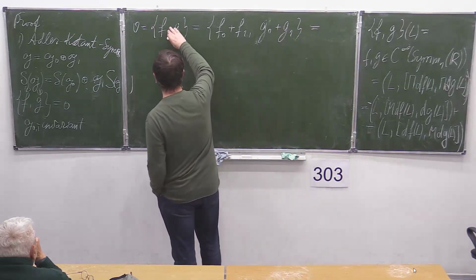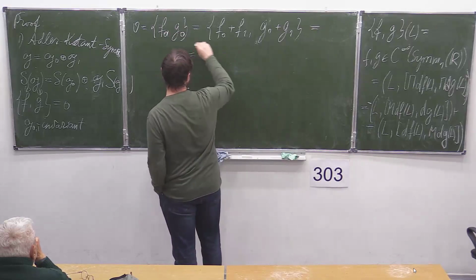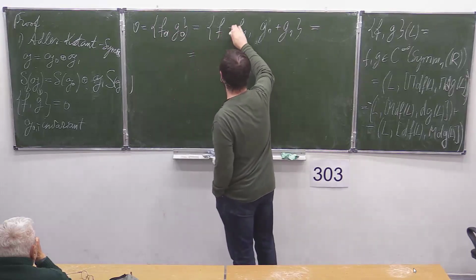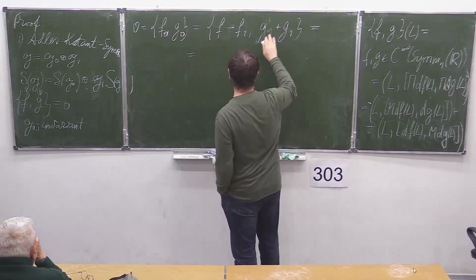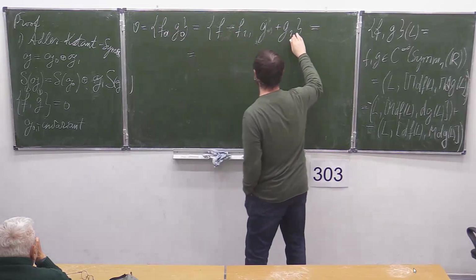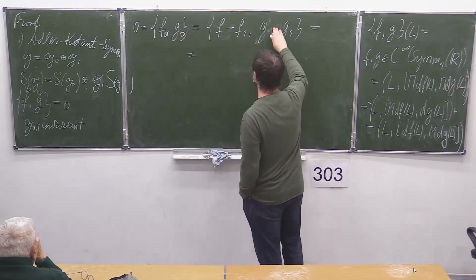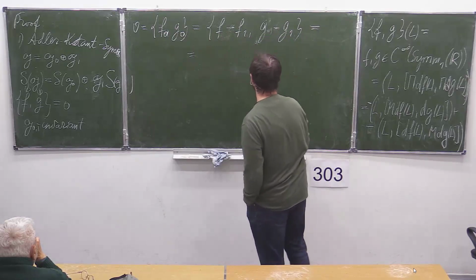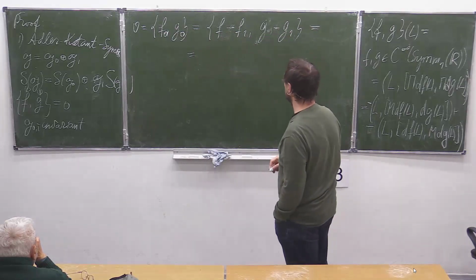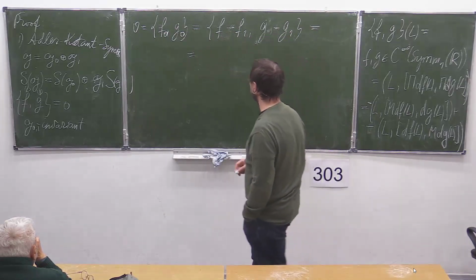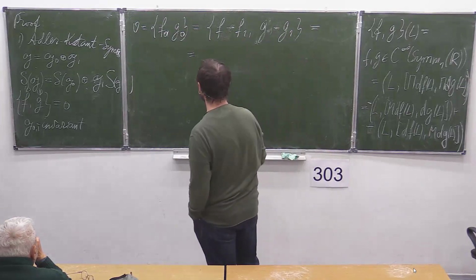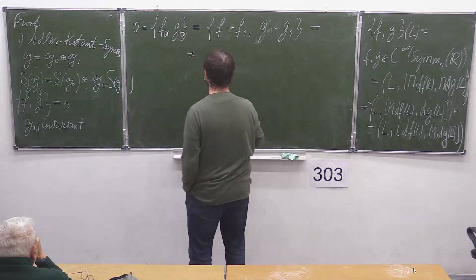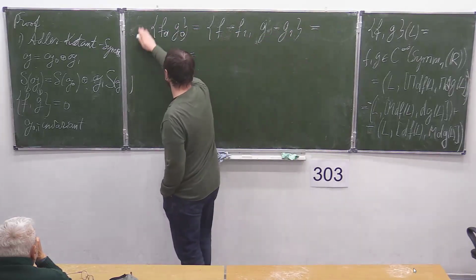I'll probably begin with F0, G0, F minus F1, G minus G1, right? Okay. Now you continue like this.